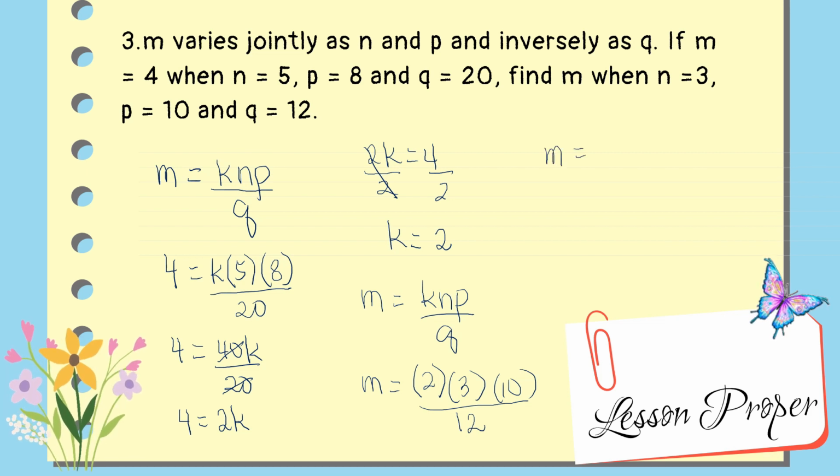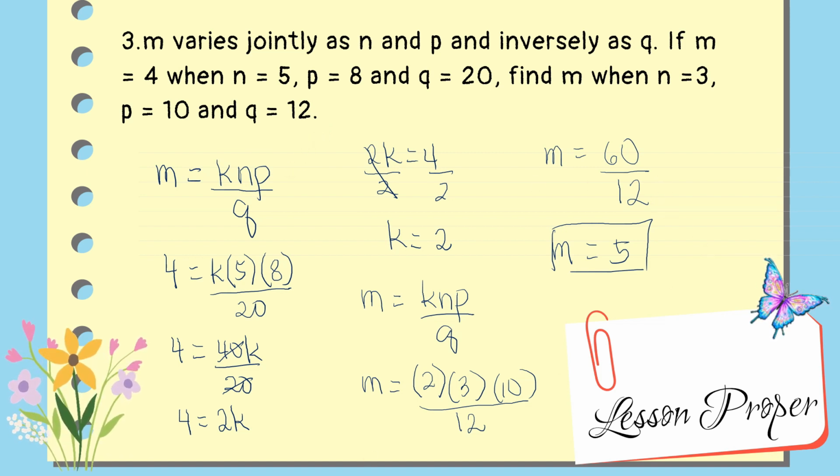M equals 2 times 3 times 10. 2 times 3 is 6. 6 times 10 is 60 divided by 12. So 60 divided by 12, that is 5. So M equals 5 when N equals 3, P equals 10, and Q equals 12.